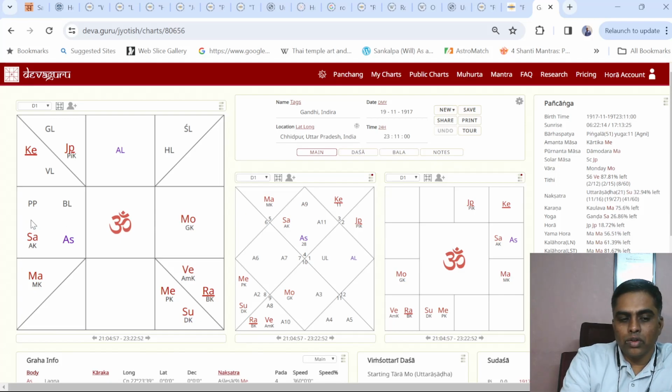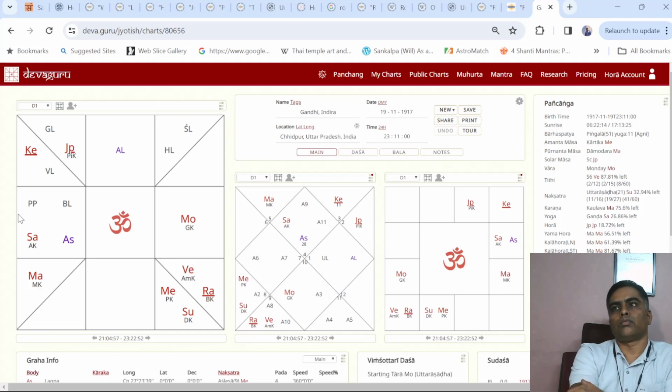And Moon is having a very strong yoga with Saturn, which is the Atma Karaka over here. When Saturn is in Cancer, you see this combination in many politicians. This is there in the chart of George Bush, and I believe also in Bill Clinton. So many politicians will have that. Saturn in Cancer gives Raja Yoga.